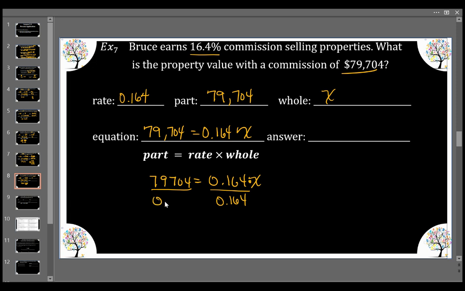We're going to divide both sides by 0.164. And when we divide this, x is equal to 486,000. And that is the answer to the actual question. What is the property value? So 79,704 is 16.4% of $486,000.